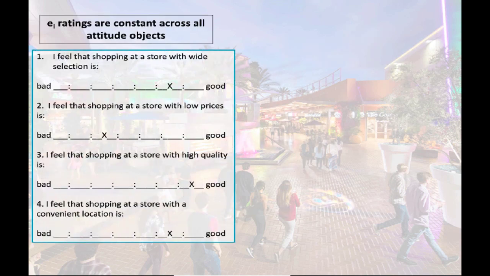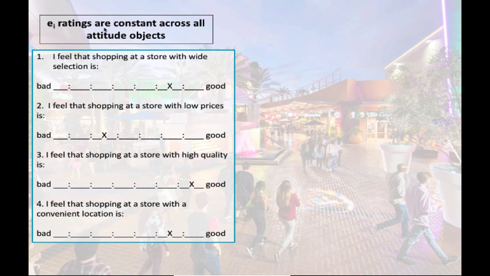Now, to do this, we need to realize that the evaluation ratings for the different attributes, wide selection, low prices, high quality, those are the same. So regardless of which store we're evaluating, consumers still feel the same way about the attribute itself.